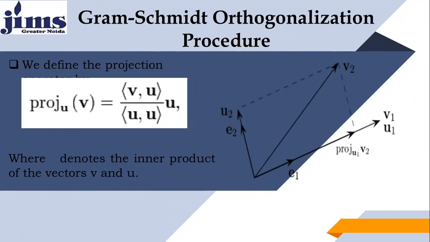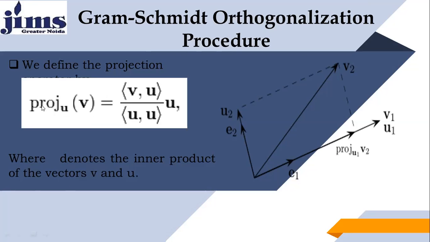Before going to the next slides, try to understand some basics of vector analysis, right? Look at this. What is this and how do we read this? V is a vector, of course. U is also a vector.